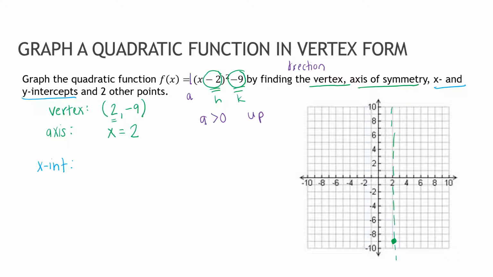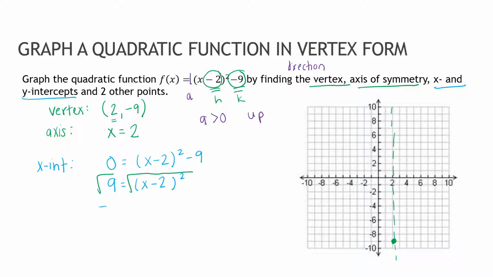Typically there's 1 or 2. Since I know my parabola is down here and opens up from the bottom, I know there's going to be 2. So I'm going to set y equal to 0, because that's what we do for an x-intercept, just as we have before. 0 equals x minus 2 squared minus 9, and I'm going to solve this. Easiest way to solve this is add 9 to each side, and then take the square root of each side.